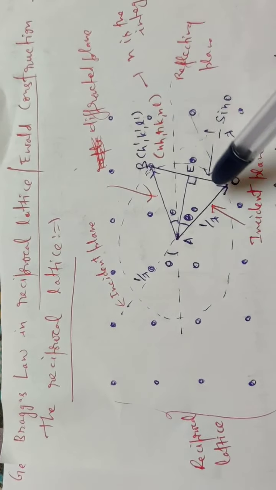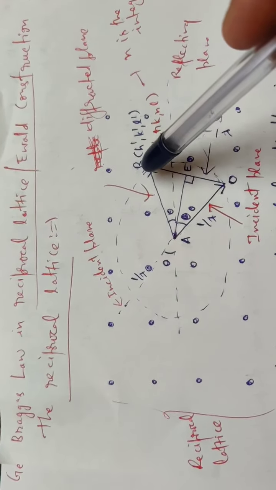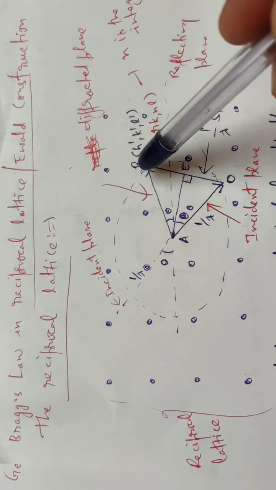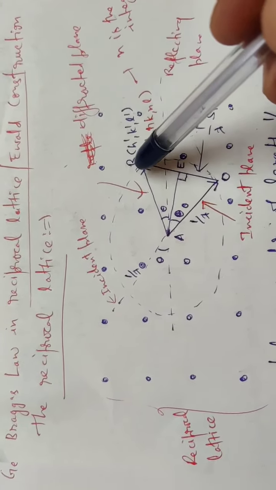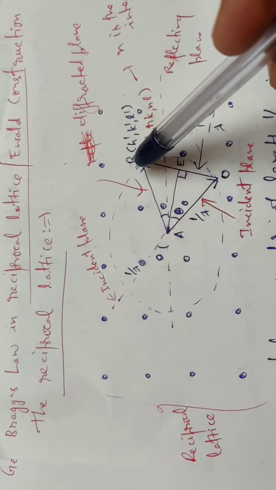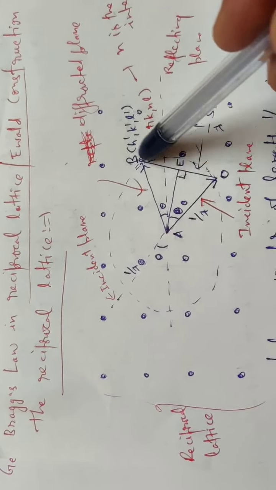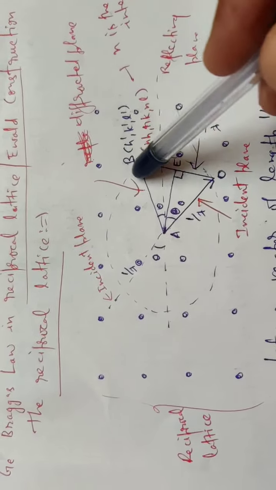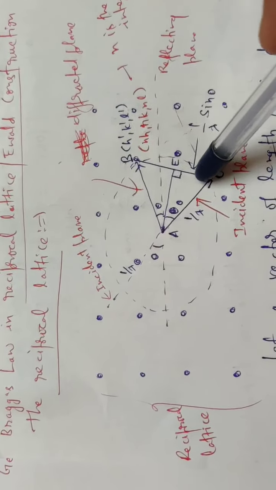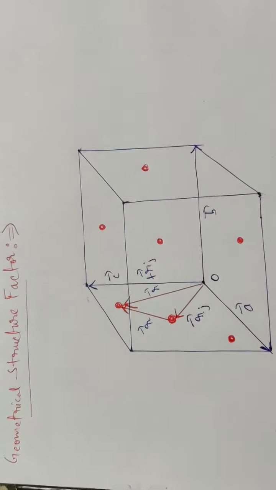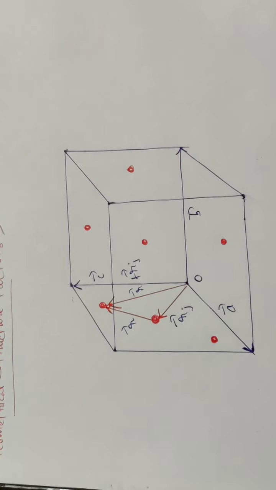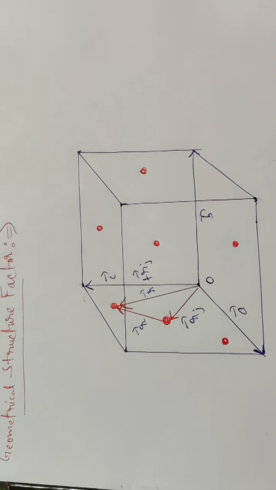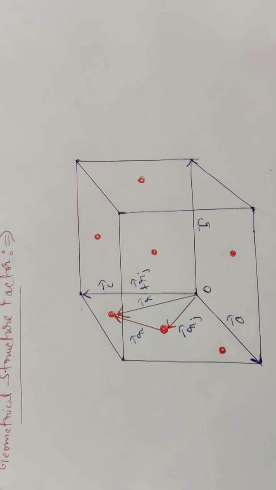We draw a sphere, and where it intersects, we draw from the origin to here a reciprocal lattice vector. Therefore, reflection or scattering of x-rays occurs from this intersection point. Therefore this is your reciprocal lattice vector.